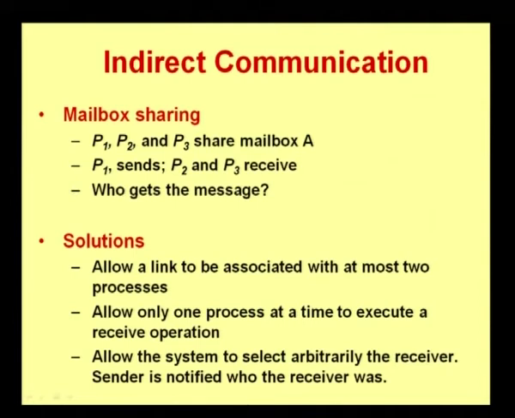The sender will be notified who the receiver was. So this is how communication takes place in indirect communication, with the help of a common shared mailbox, whereas in direct communication there is a link established between the sender and the receiver.